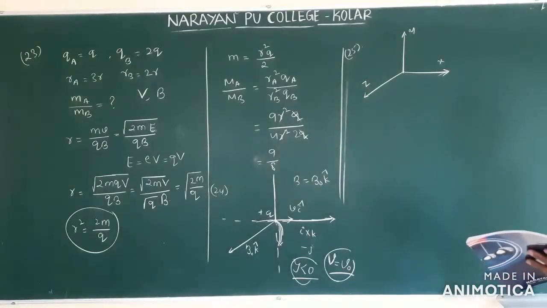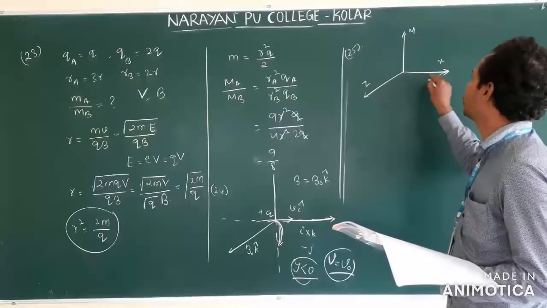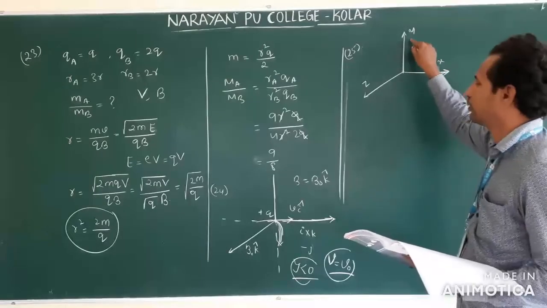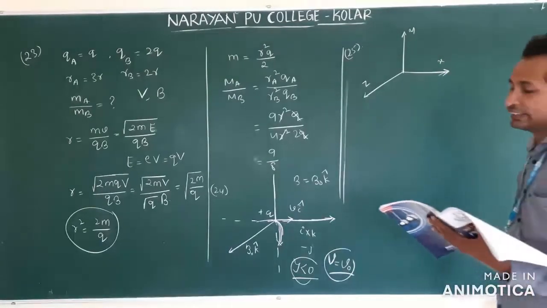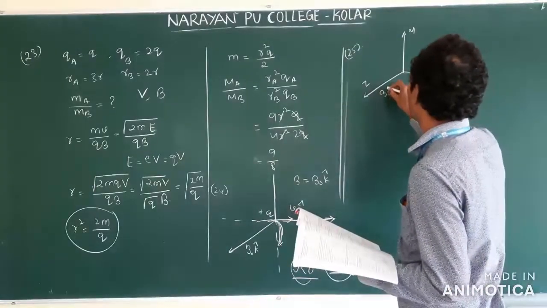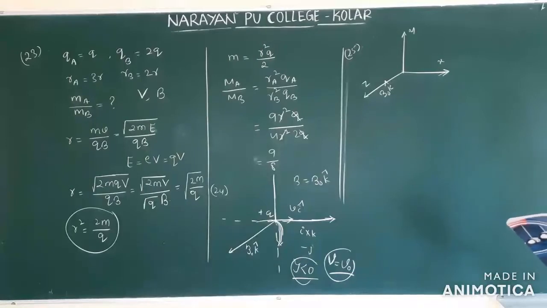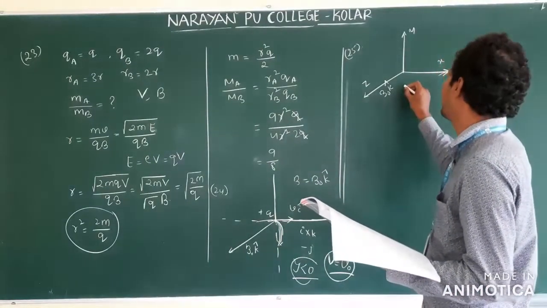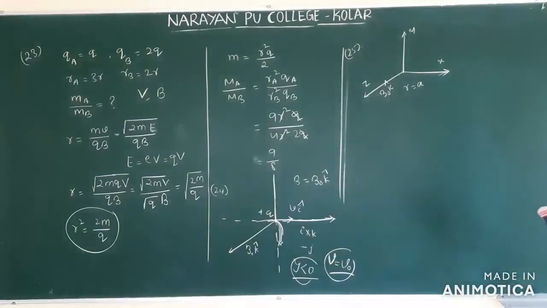The proton is moving perpendicular to the z-axis, which means both x and y axes are there, so it may follow x or y. The magnetic field B naught is present along the z-axis, so B naught k cap. It is moving in a circular path with radius r equal to a. They are asking the angular momentum of the particle about the z-axis.